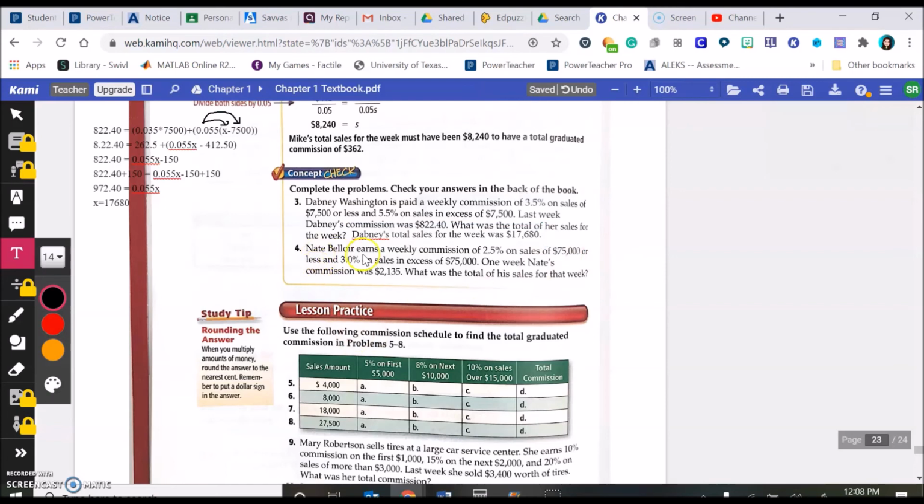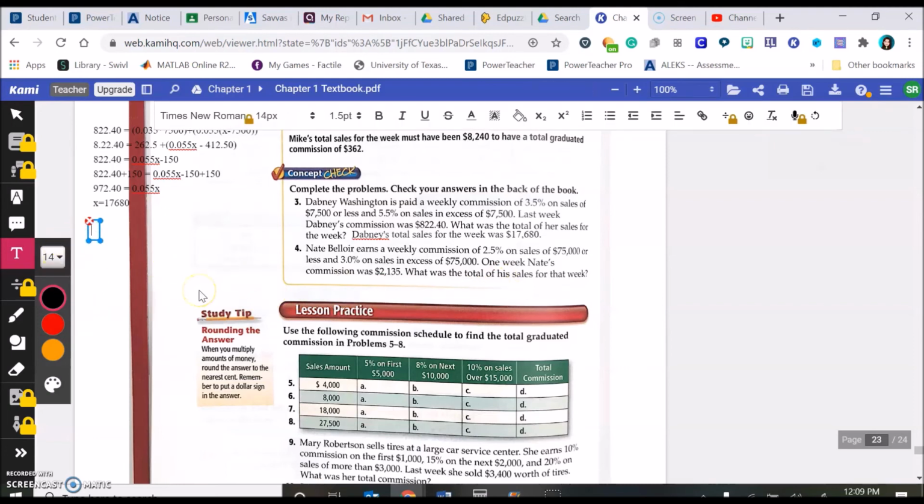Number 4 says Nate Bellior earns a weekly commission of 2.5% on sales of $75,000 or less and 3% on sales in excess of $75,000. One week Nate's commission was $2,135. What was the total of his sales for the week?